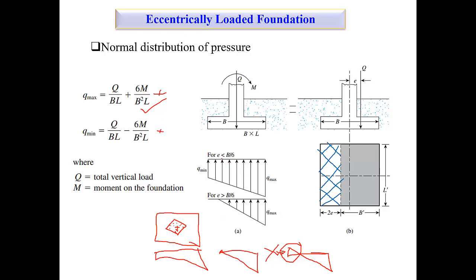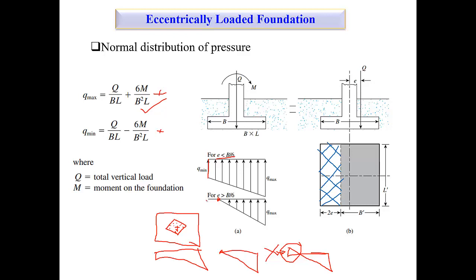Here you can see if this E value is less than B by 6, then definitely the minimum value would not be 0. There will be some minimum stress and maximum. But if E is more than B by 6, then you have some zero.